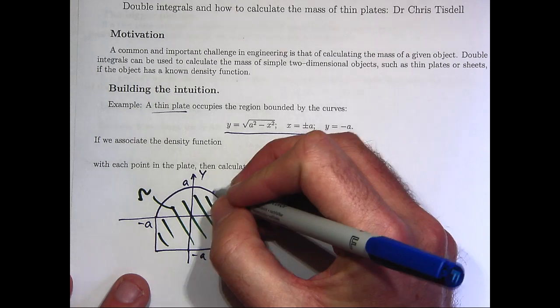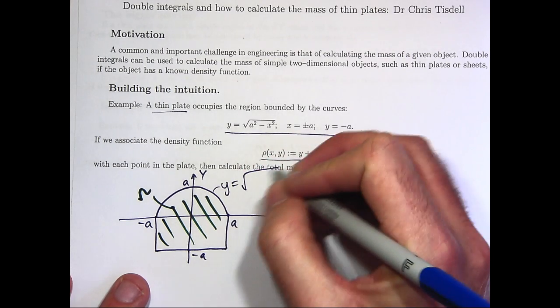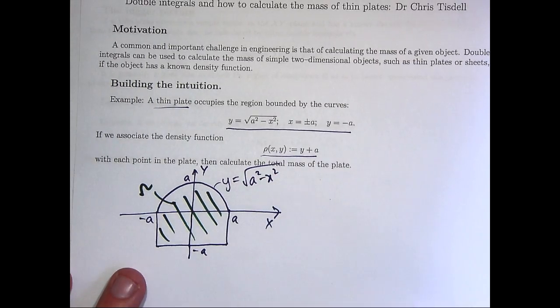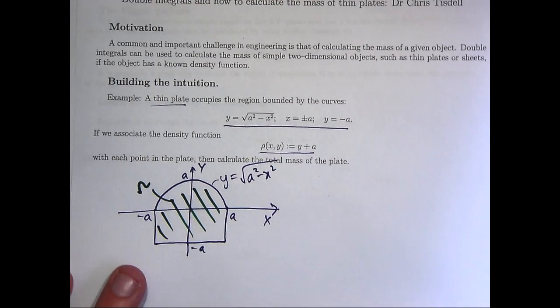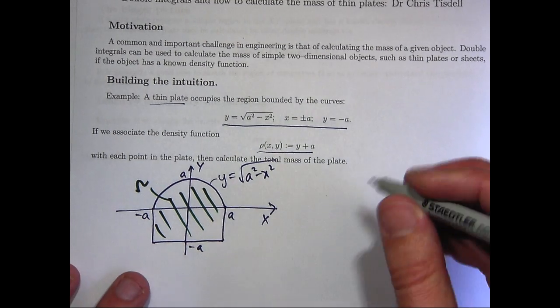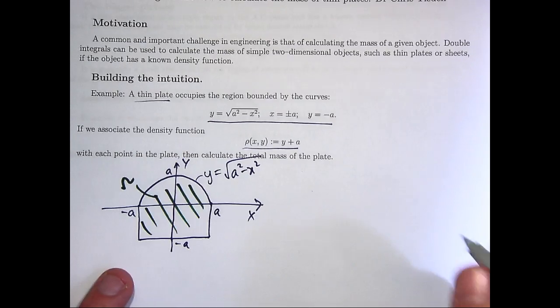So this is the curve y equals root a squared minus x squared. I've got 2 vertical lines, x equals a and minus a, and 1 horizontal line, y equals minus a. Okay, so let's see if we can describe our region.